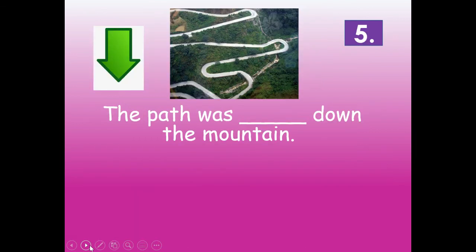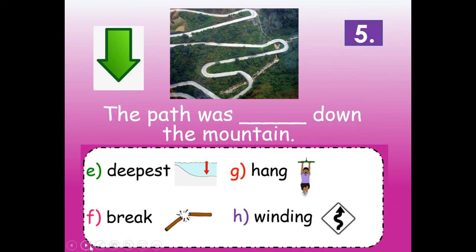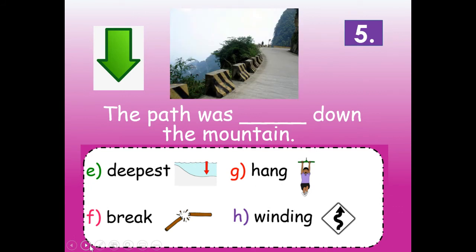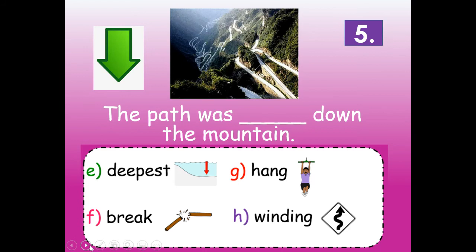Number 5. The path was blank down the mountain. Would it be the path was deepest down the mountain? The path was break down the mountain? The path was hang down the mountain? Or the path was winding down the mountain?